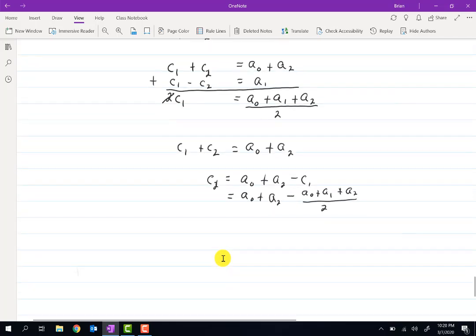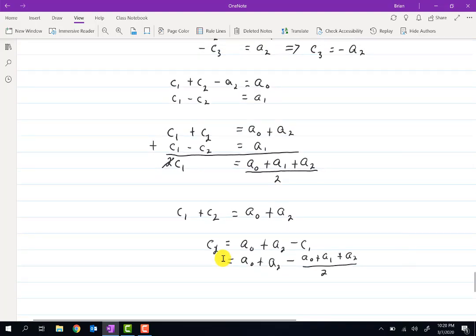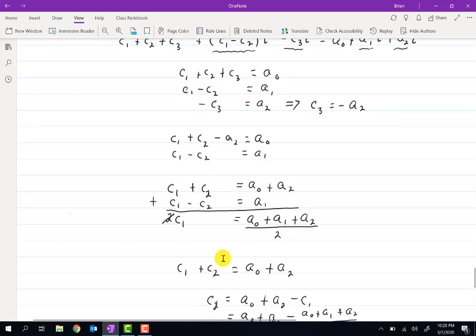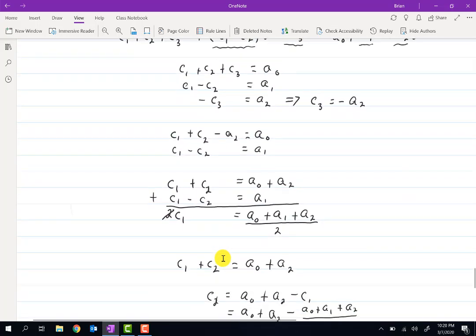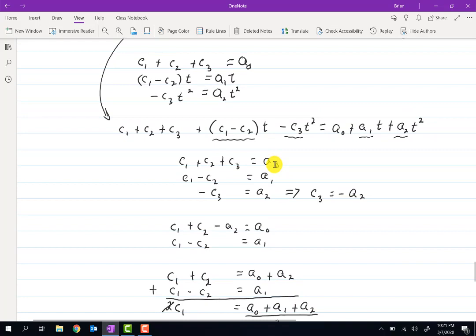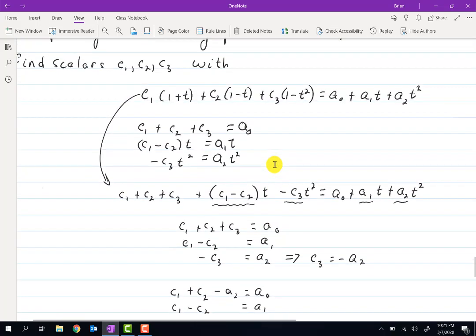All I care about is the fact that given an arbitrary vector in the vector space, I was able to find scalars C1, C2, and C3 such that this would work out. It didn't matter what this was, I would be able to figure out C's for all of them.